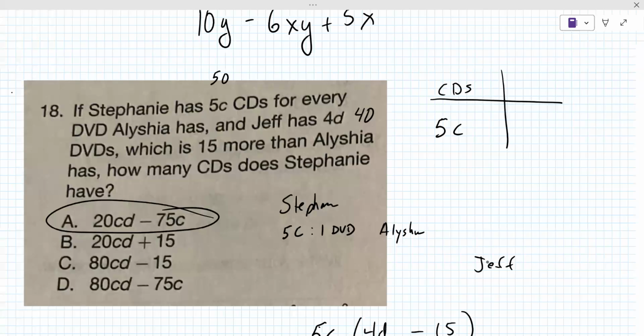So Jeff is 4D, but we know that equals Alicia plus 15. So you subtract 15, and that's where the negative comes in, because you're taking this value and multiplying it by this one.